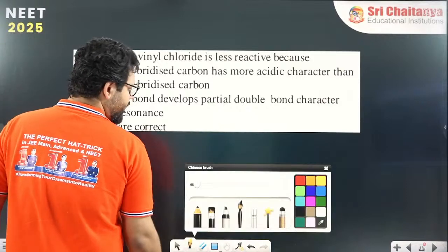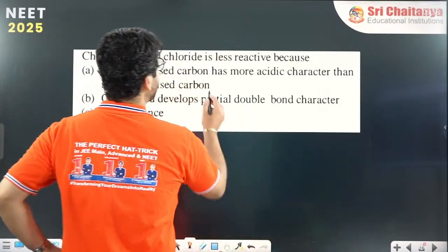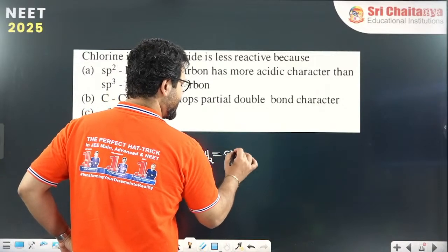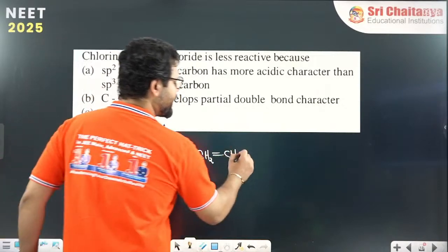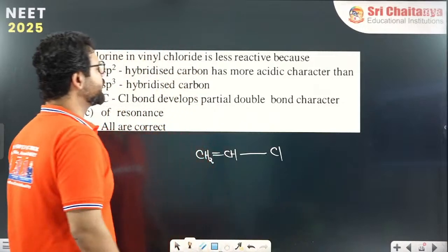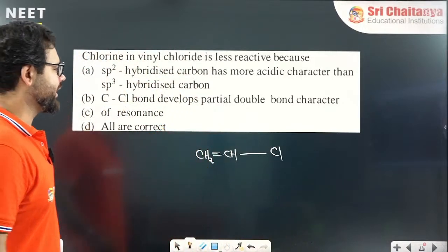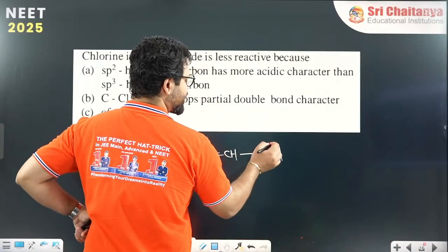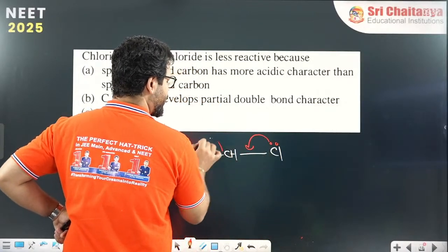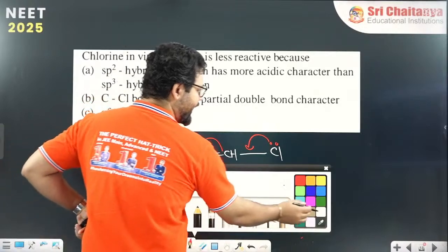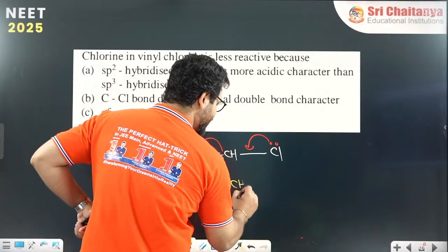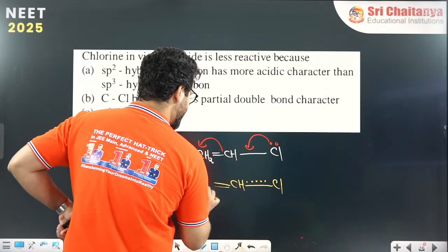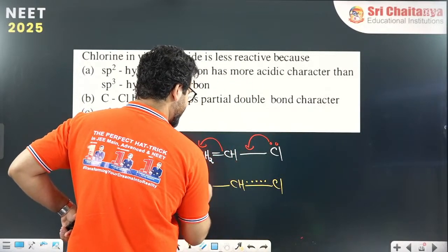Next one. They say chlorine in vinyl chloride. Let's make vinyl chloride. This is vinyl chloride. Why is it less reactive? We can see. It is less reactive because chlorine's lone pair goes for resonance like this, and there is a partial double bond character here.